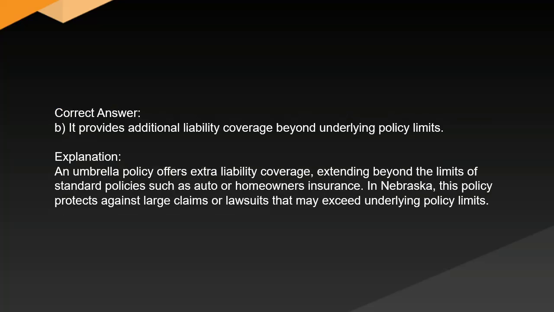Correct answer: B. It provides additional liability coverage beyond underlying policy limits. Explanation: An umbrella policy offers extra liability coverage, extending beyond the limits of standard policies such as auto or homeowners insurance. In Nebraska, this policy protects against large claims or lawsuits that may exceed underlying policy limits.